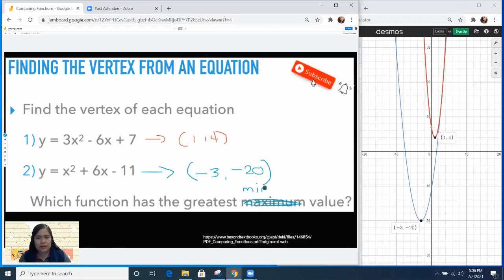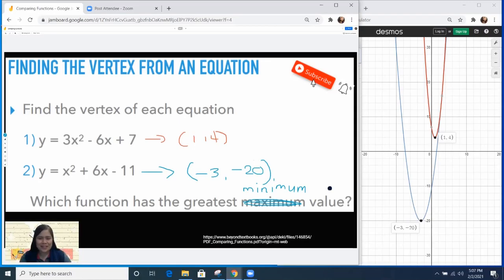So let us correct this question. It was supposed to be minimum value. Which between the two graphs has the greatest minimum value? Is it the red function or the blue function? Very good.